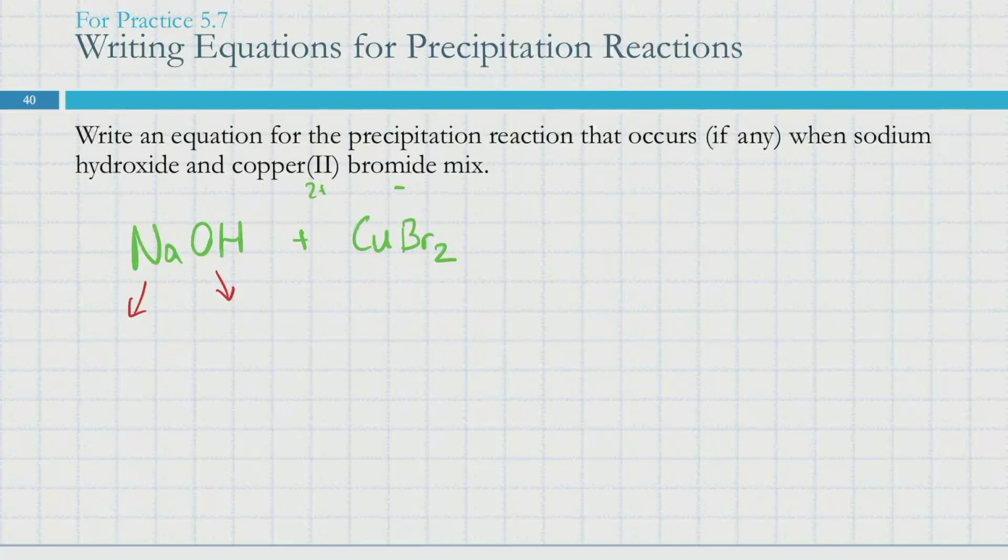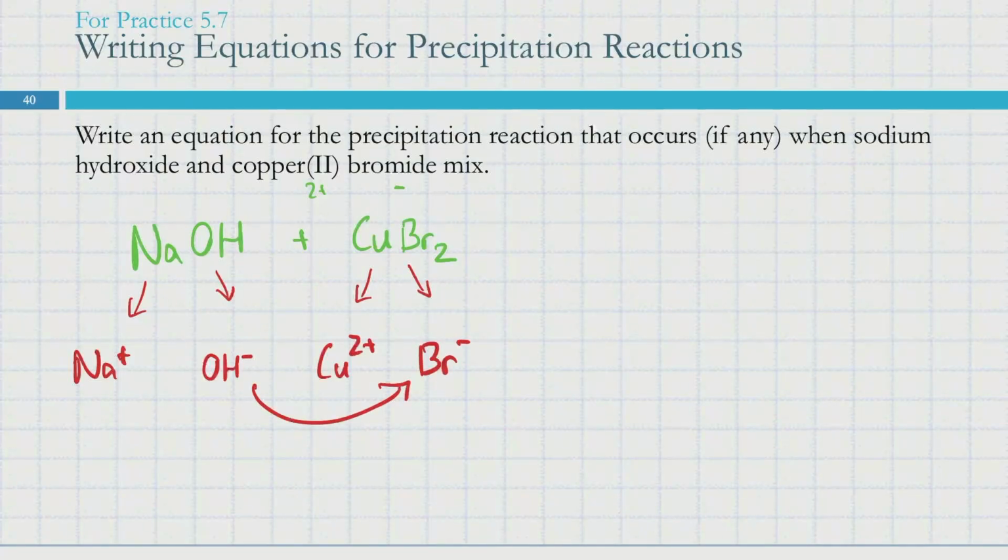Separating those out into their ions. Alternatively, if you can do the math and the rearranging to just swap them and go straight to the products, awesome, go for it. For everyone else, we'll separate them out. And then we swap our negatively charged ions. So we've got Na plus, Br minus.